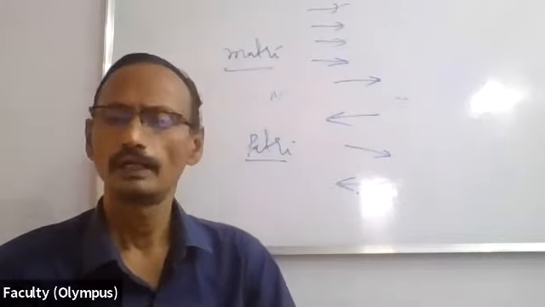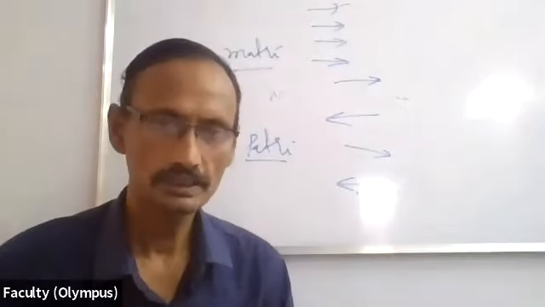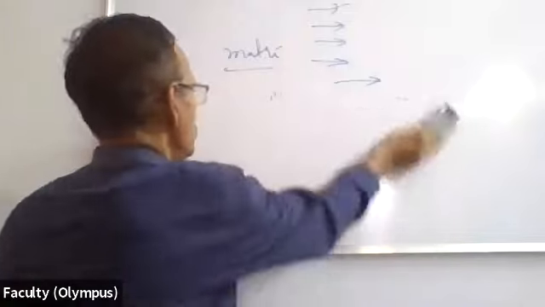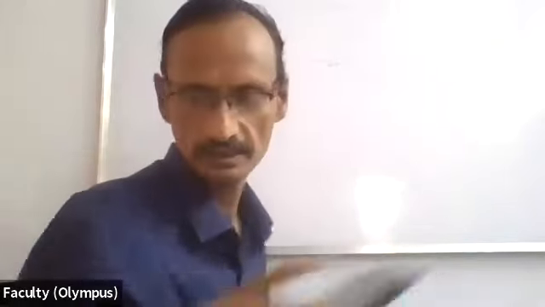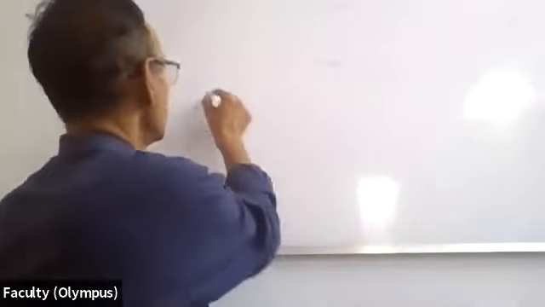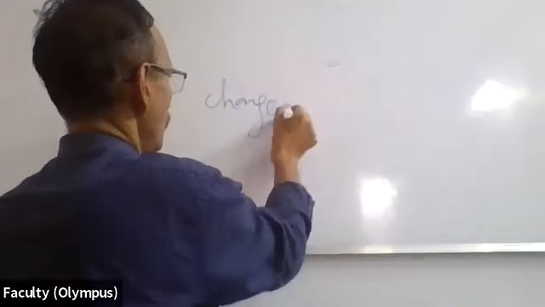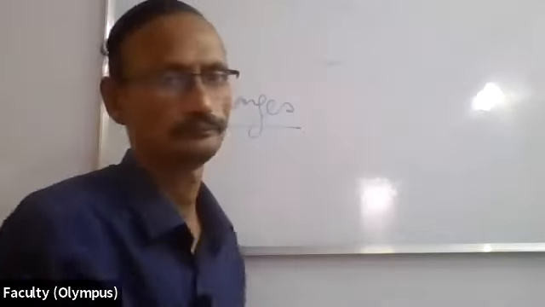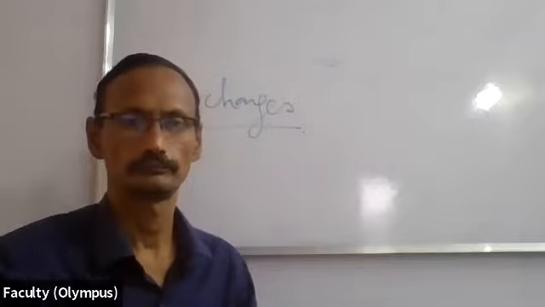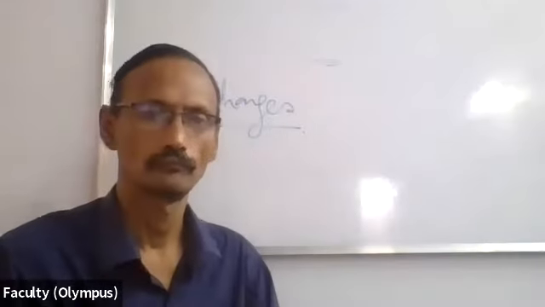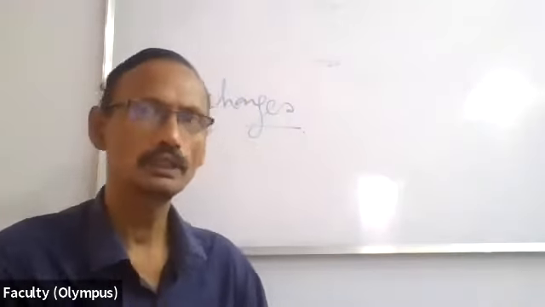Tell me, in what ways is the family changing? Let us list the changes. What are the changes in the family? What do you think is the most important change?